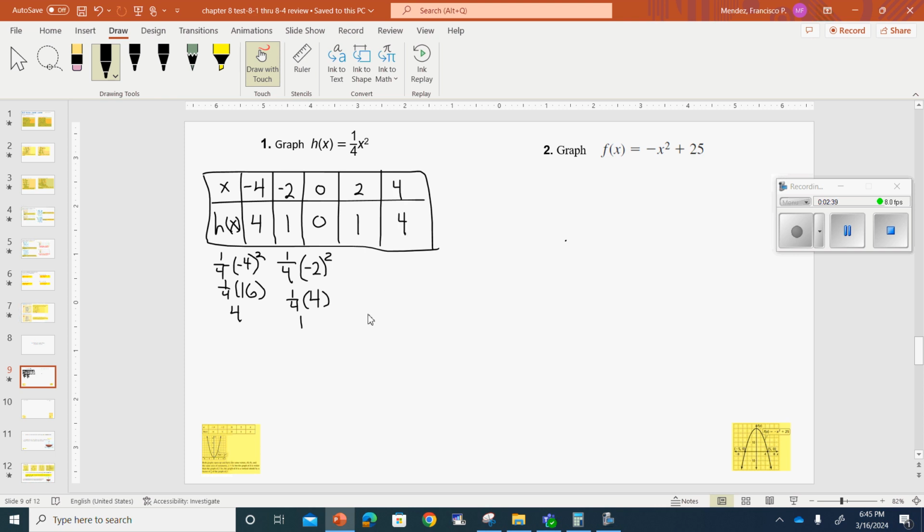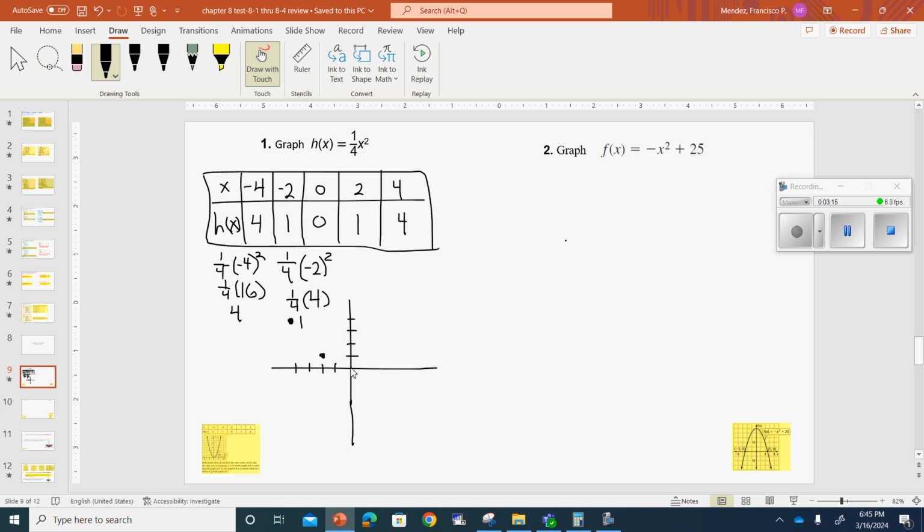Okay, so if I graph this, I should get a graph that looks something like this. When I'm at -4, I'm at 4, so 1, 2, 3, 4. I'm going to be over here. That'd be my first dot. When I'm at -2, I'll be at 1, so that's going to be about right here.